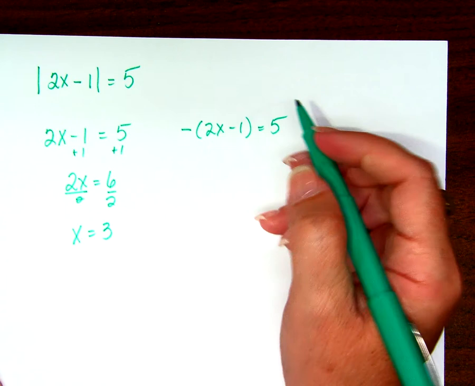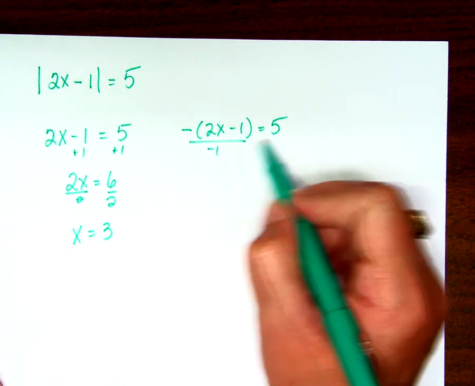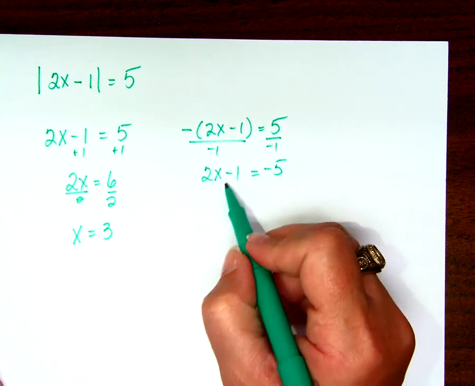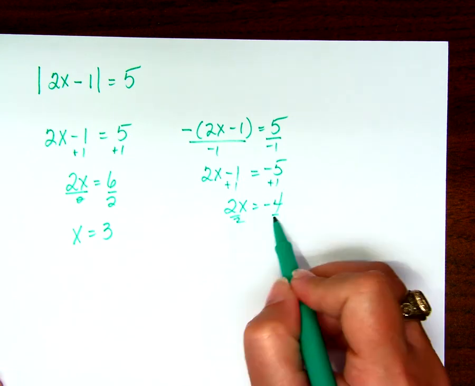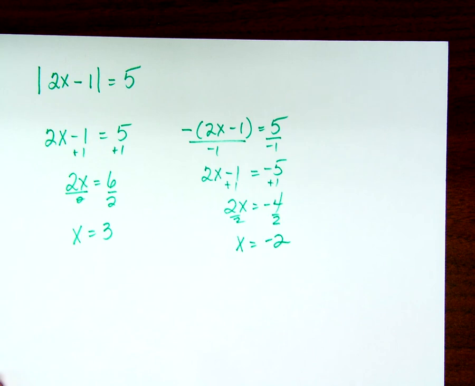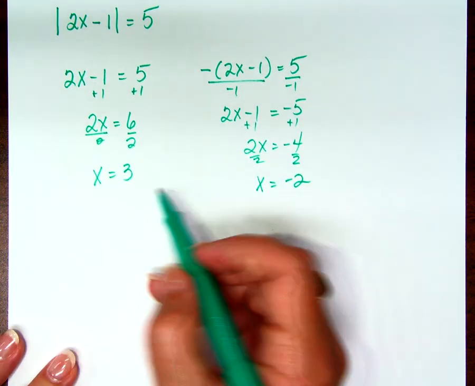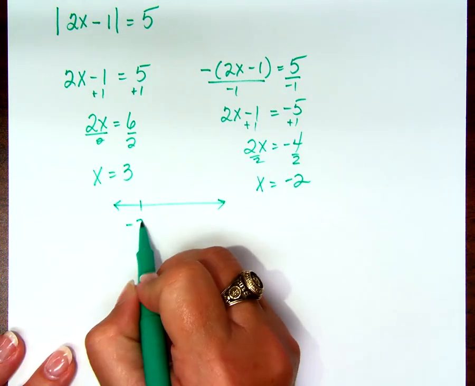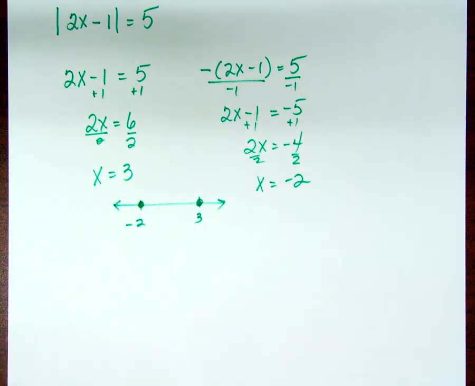Here I could either distribute or divide both sides by a negative 1. Either way will get me to the same place. 2x minus 1 equals negative 5. If I add 1 to both sides, I get 2x equals negative 4. So x equals negative 2. And remember, part of the rule about solving absolute value equations is that we also show graphically what that means. If I've got negative 2 over here, then I got 3 over here, and I've got a point on the number line for each.